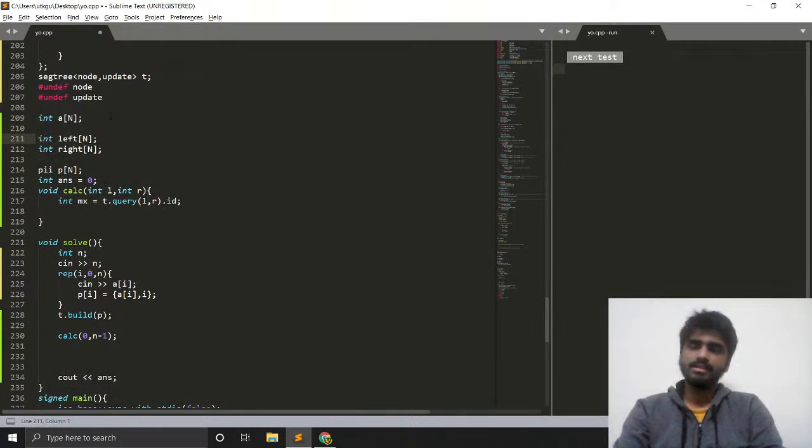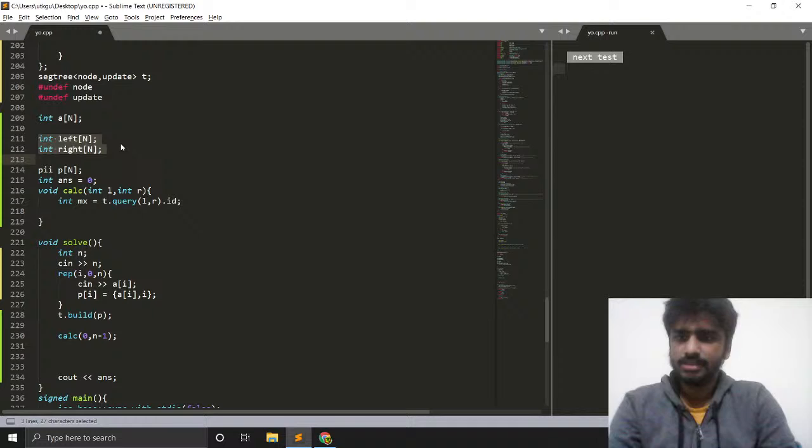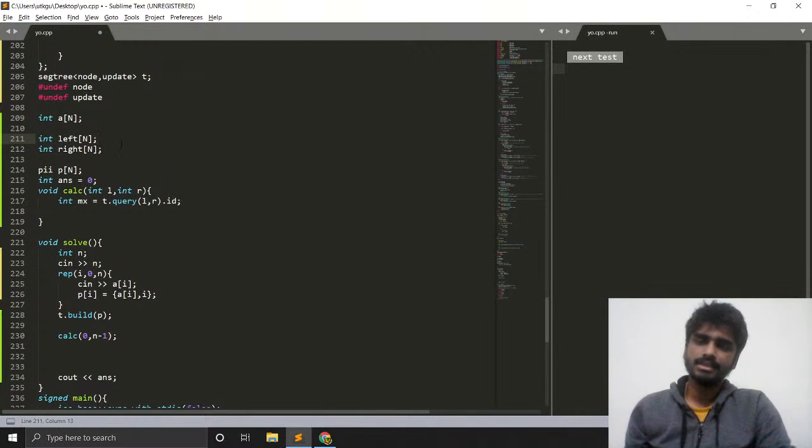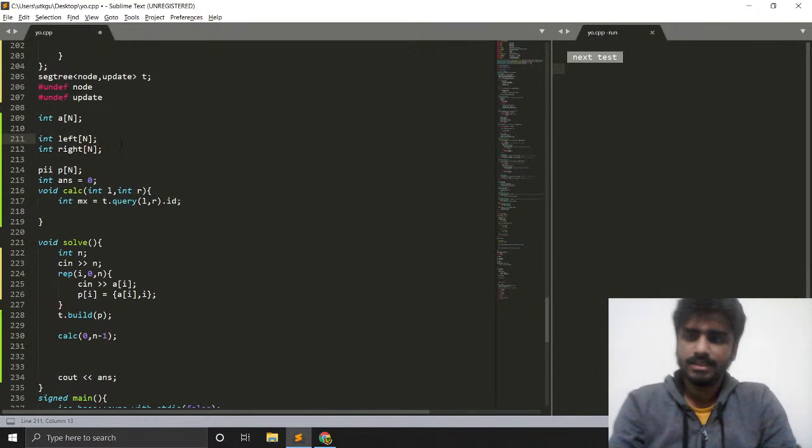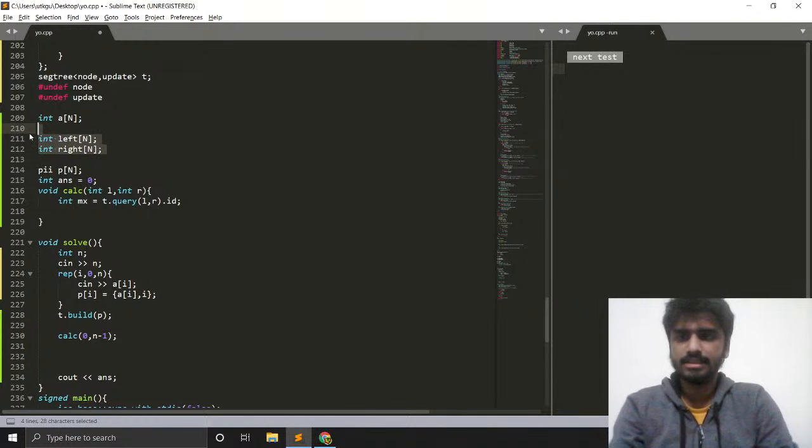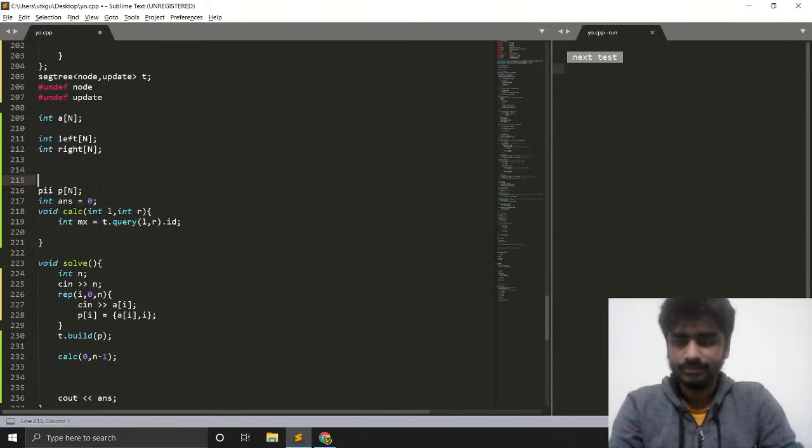In these I will store the nearest index such that there's a set bit of the number such that this bit is off in this number, but in the nearest element on the left and the right which has that bit on.